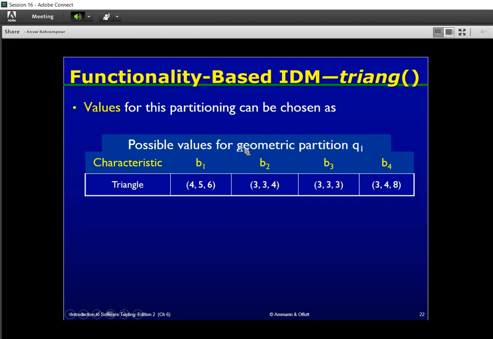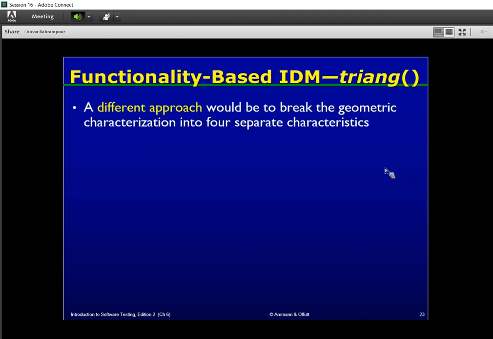For example, in functionality-based modeling in block 1, a test case is considered, such as this combination for block B2, B3 or B4. Again, suitable values are selected randomly.